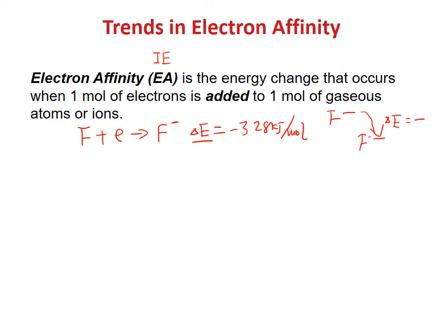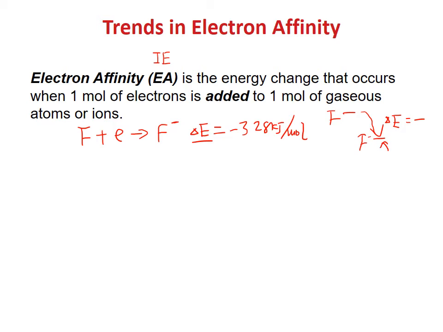A negative change means the energy decreases, and so it's exothermic, just like enthalpy. When enthalpy decreases, it releases heat. So this process goes down in energy and releases heat. The lower energy of the product means it's more stable, because the added electron is attracted to the nucleus and therefore gives you a negative delta E.